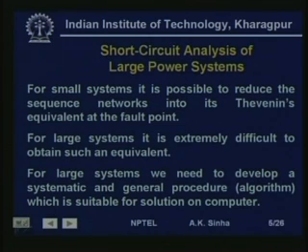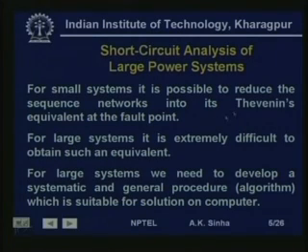For small systems it is possible to reduce the sequence networks into their Thevenin's equivalent at the fault point. For a large network it is extremely difficult to obtain such an equivalent, because you need reduction for a very large network with a large number of voltage sources in the system.